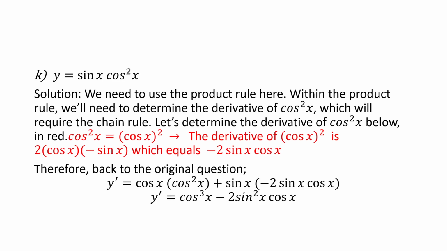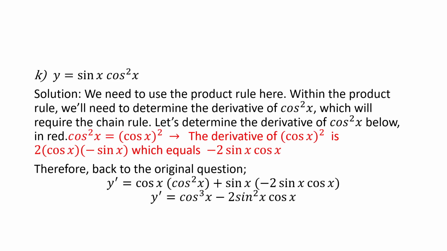And here it is worded a little more nicely. We want to use the product rule. And within that product rule, we'll determine the derivative of cos squared x, which will require the chain rule. So cos squared x's derivative will be as shown in red.